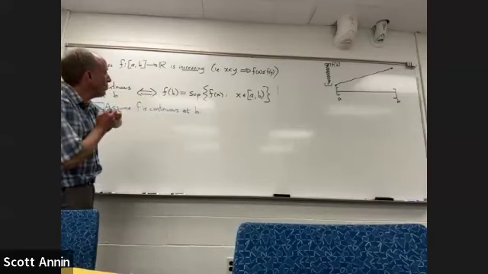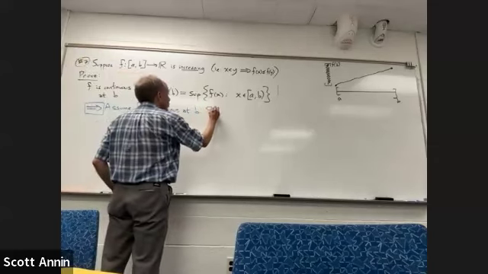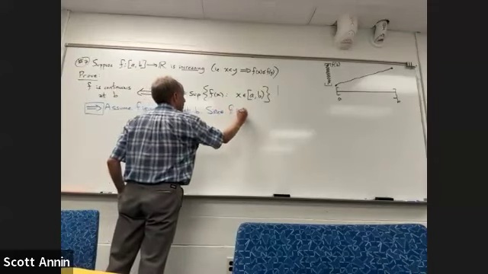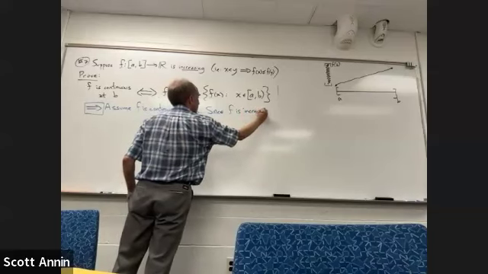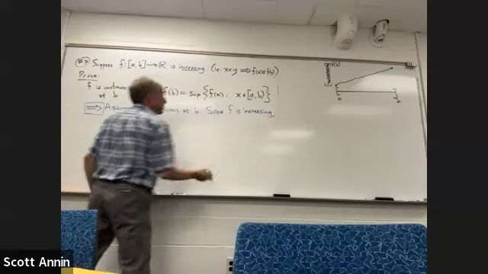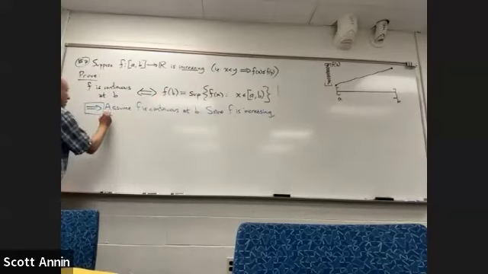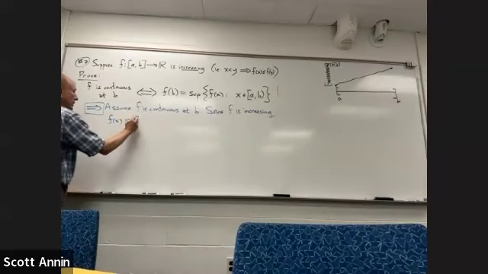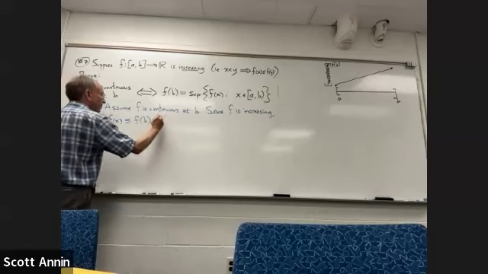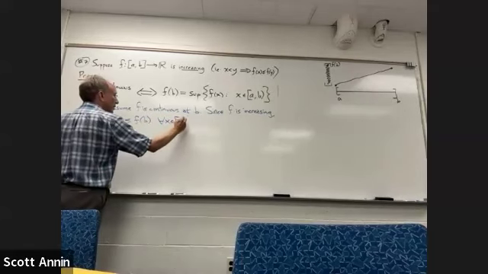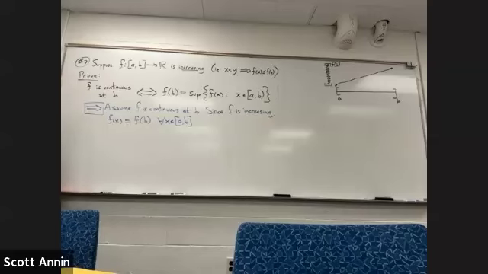Now, one thing I can tell you is that since f is increasing, right, it's an increasing function from left to right, then would you agree that f of x is in fact less than or equal to f of b for all x in the domain?